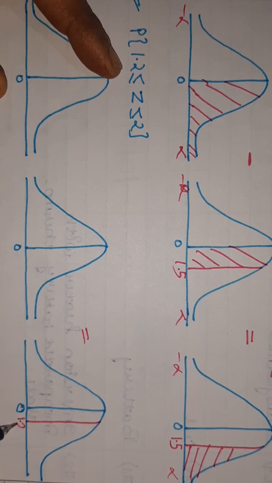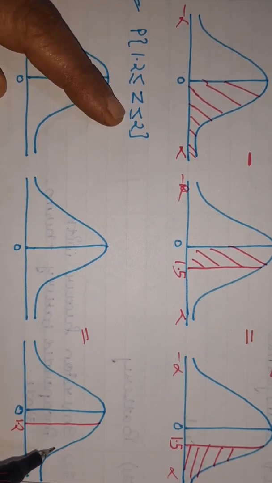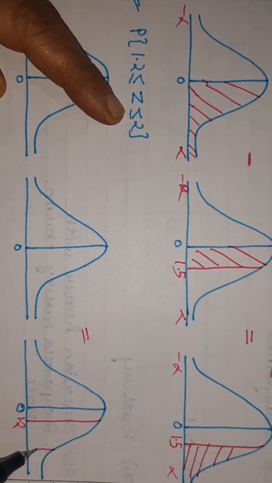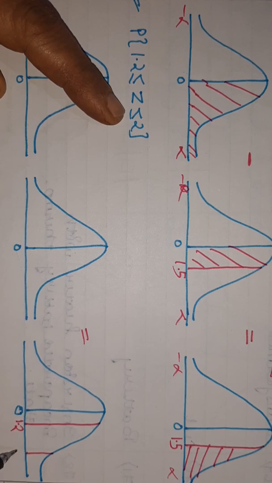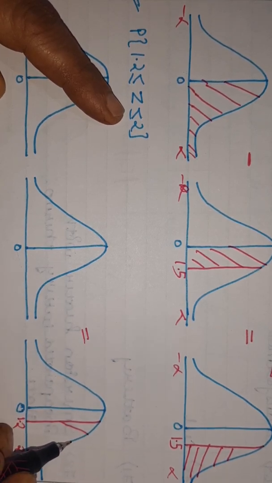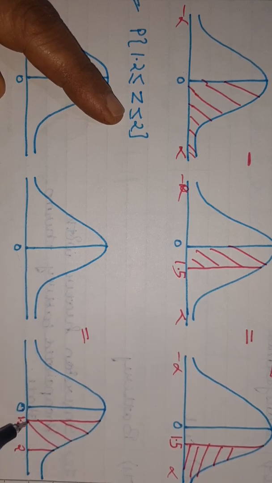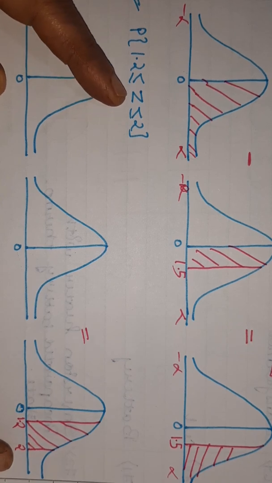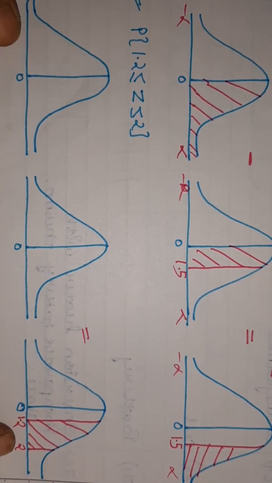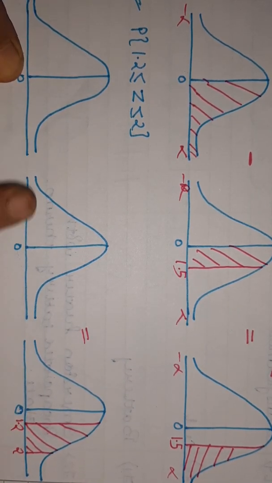Next is 2, which will obviously be above 1.2. The area which we want is this area, from 1.2 to 2. Now how do we find this with the help of this diagram?